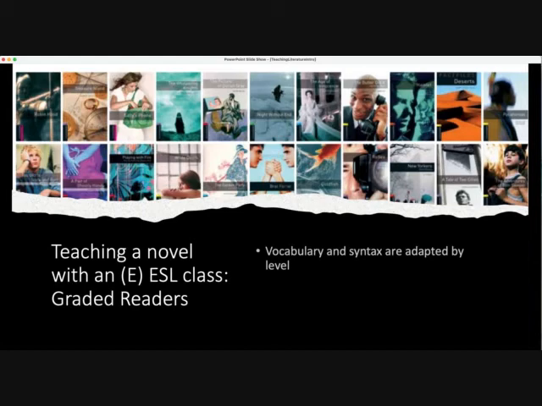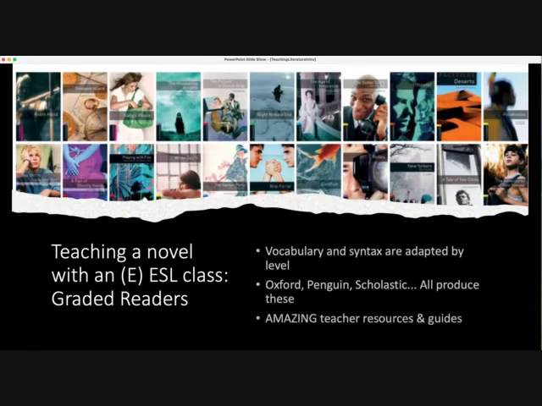They really look at frequency levels and syntax, and they've got experts writing these and making sure that the vocabulary will be appropriate for everyone, and that the readers, even in an ESL classroom, will have a chance to really understand some of the topics and get into the stories without being too challenged by some of the high-level language skills needed. So, Oxford, Penguin, Scholastic.